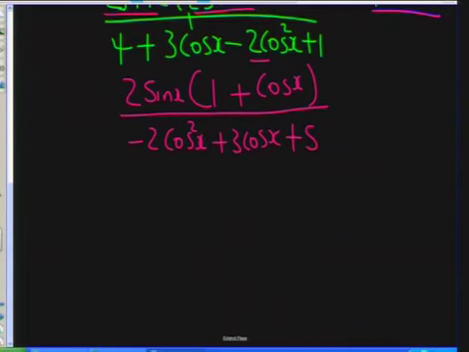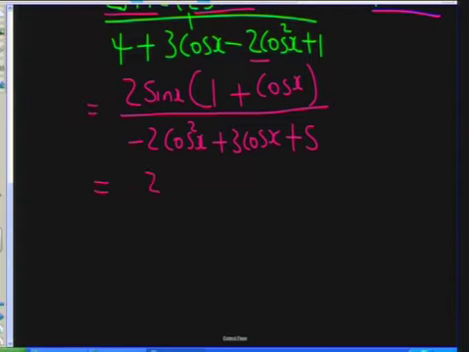Okay, what can I do in this case? I factorize that. I have minus 2 cos x squared plus 3 cos x plus 5. What kind of expression is that? It's quadratic. Just imagine you have x squared plus x plus 1. Well, the cos is quadratic, so I can try to factorize this. Let me take out minus 1 as a common factor first to make my life easy.